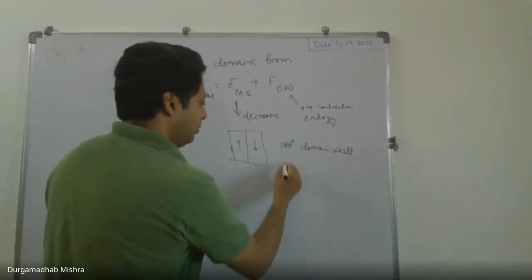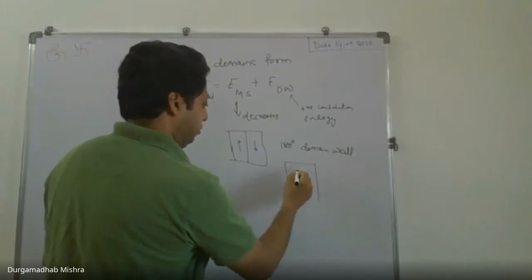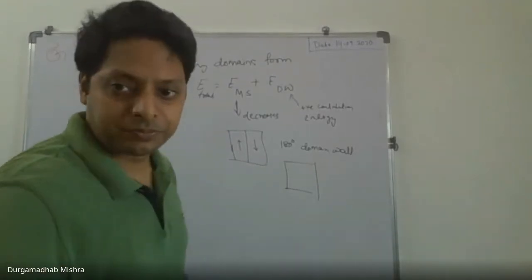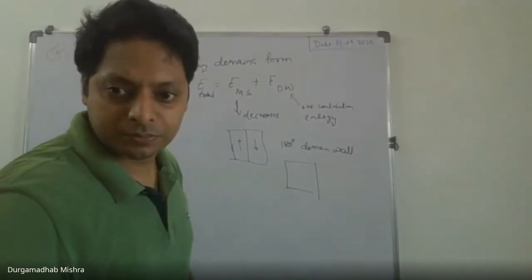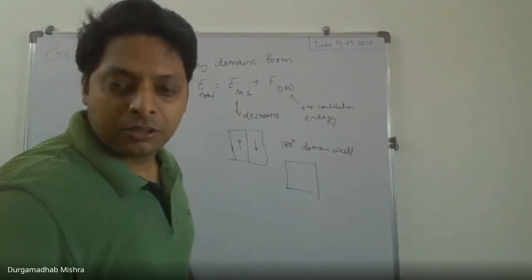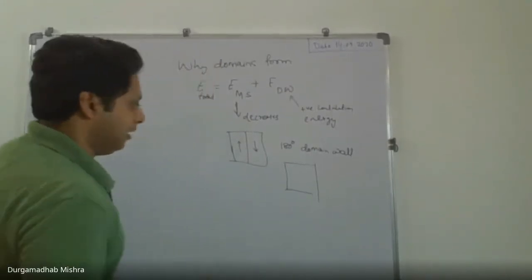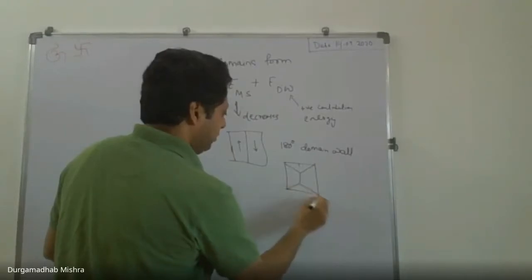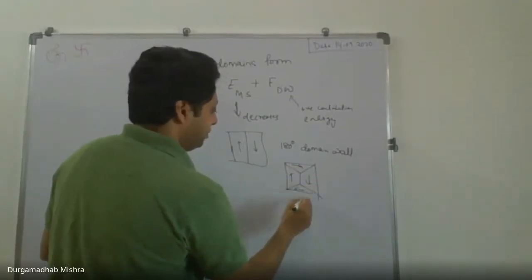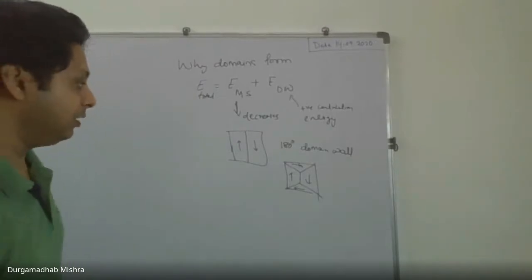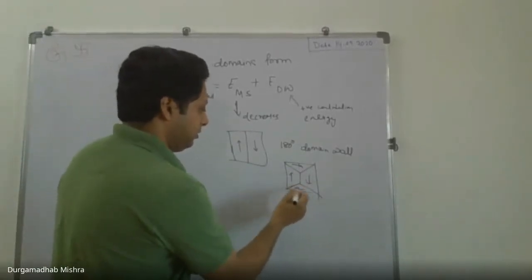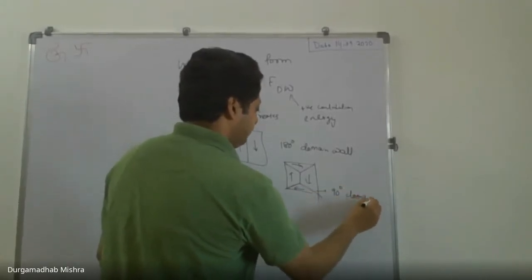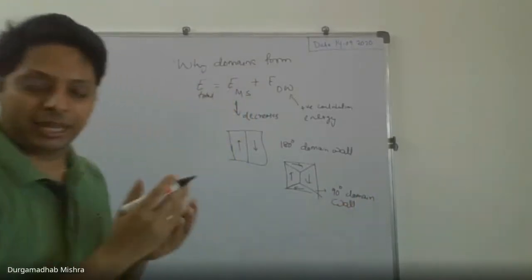There can also be a 90-degree domain wall, or 45 degrees, so different angles are possible. So let's say if I do like this, this is a 90-degree domain wall. So different angles can be possible.